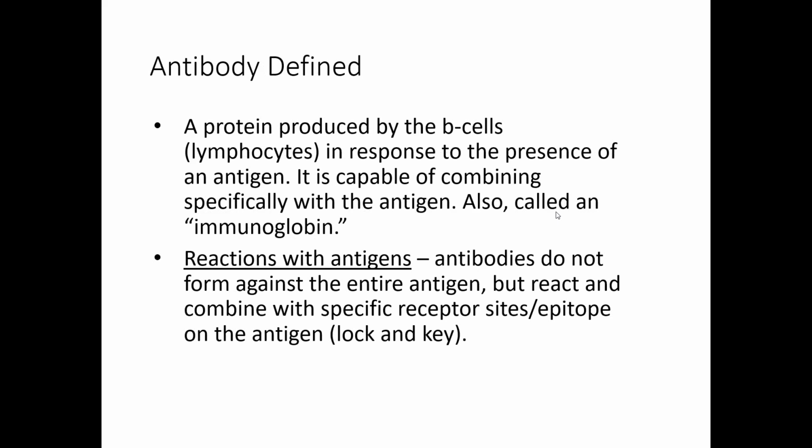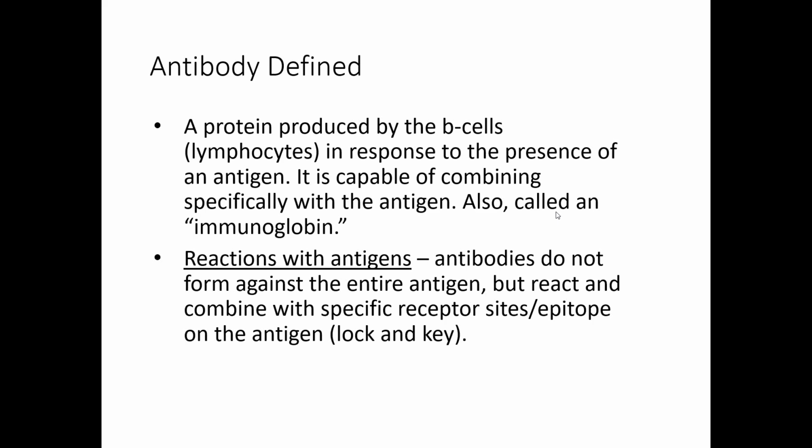Now, not only do we need to understand the term antigen and that there are a couple of types, we need to talk about the antibody. Antibodies are also referred to as immunoglobulins. Those are proteins made by B cells in response to antigens. They are going to be looking at that antigen specifically for that epitope we talked about, the face of the antigen, and it has to recognize that antigen in order to elicit the correct immune response.